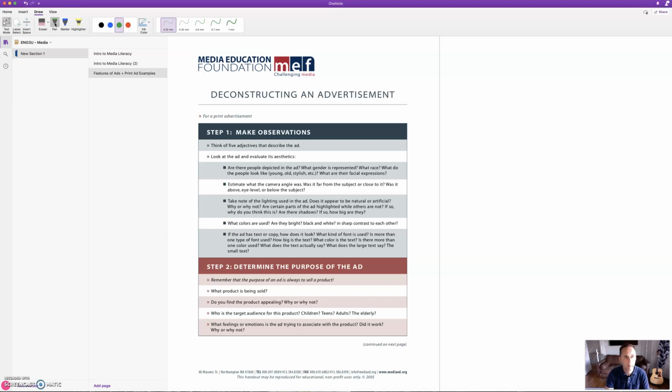There is a document that I've posted about deconstructing an advertisement. This is just a guide to help you think more deeply about some of the questions that you can ask under the 5 features of the ads. So we're not going to spend too much time on this because we're going to move into some of the other ads in the example ads to take a look at.